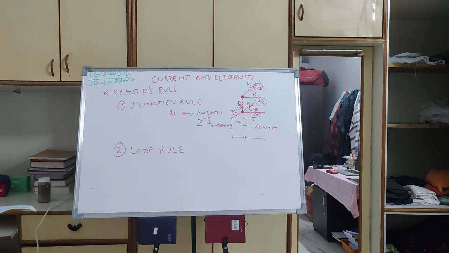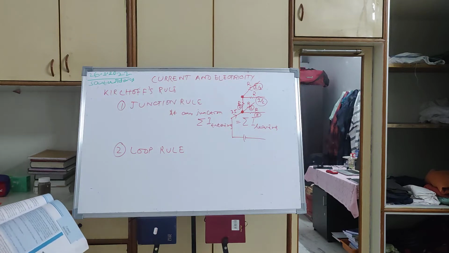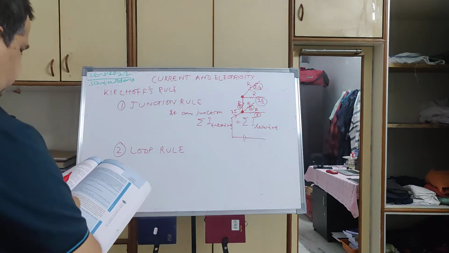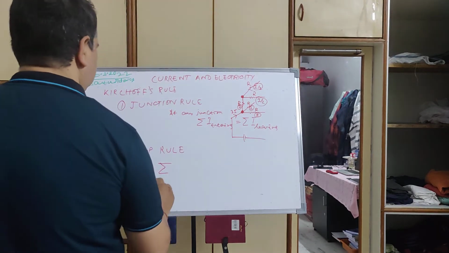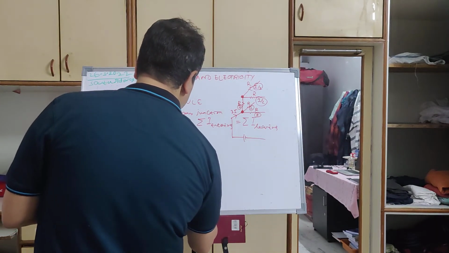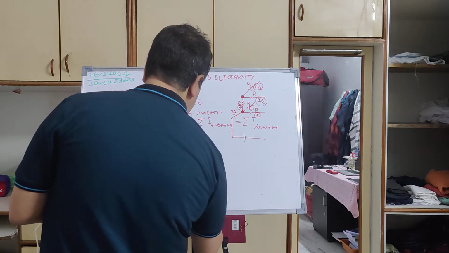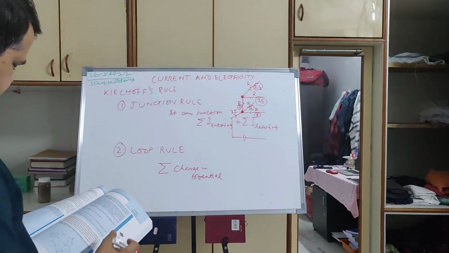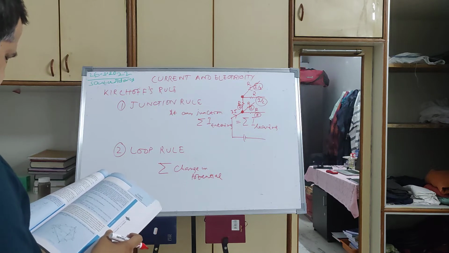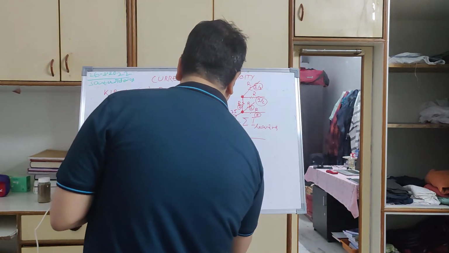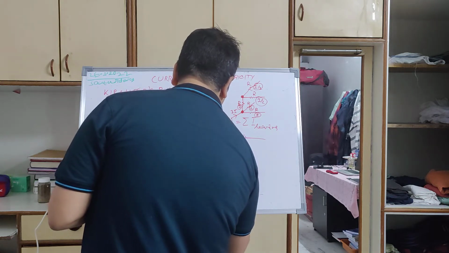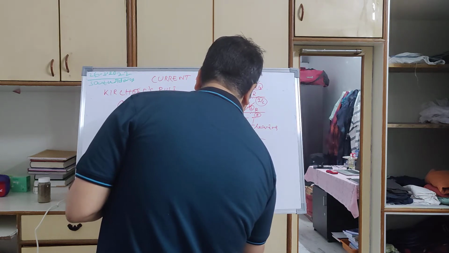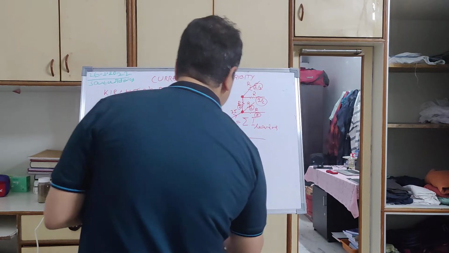Then what is the loop rule? The loop rule says the algebraic sum of changes in potential around any closed loop involving resistors and cell is equal to zero.